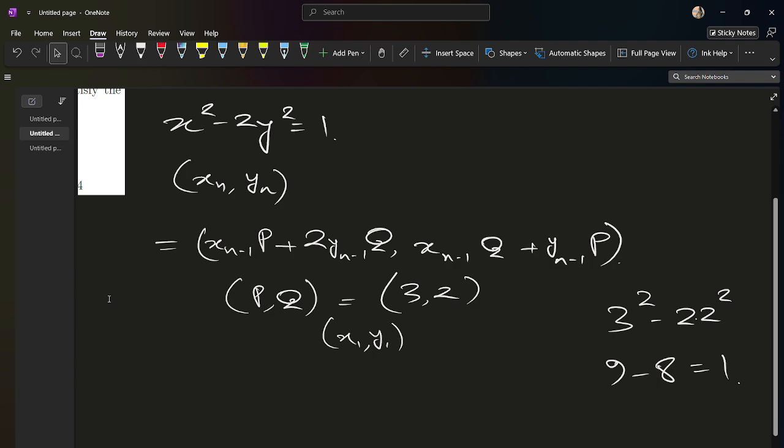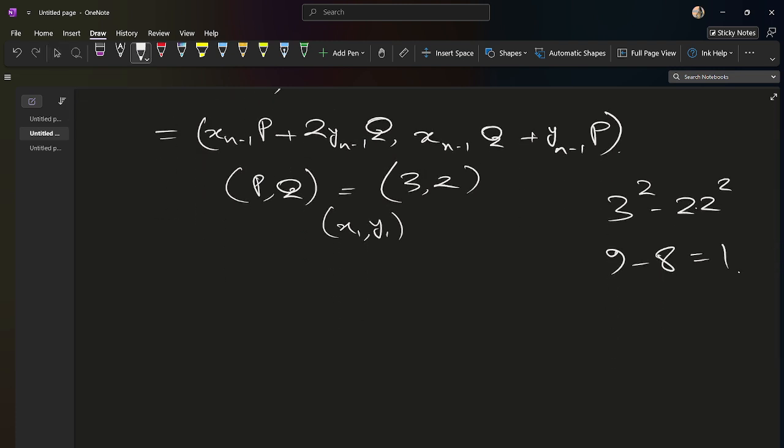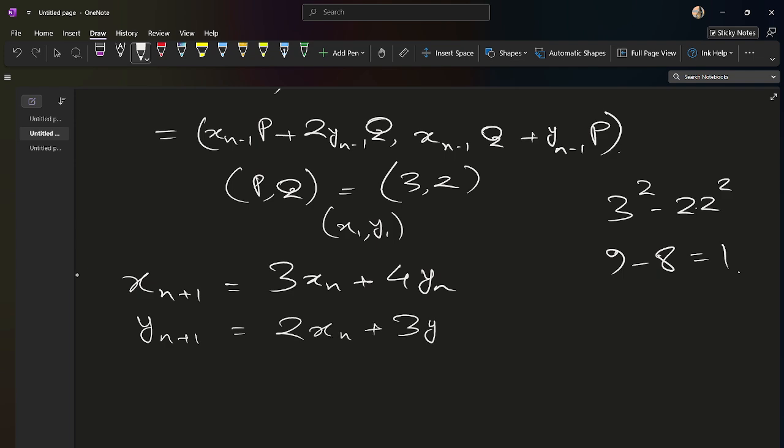Using the recurrence relation, xn plus 1 will be 3xn plus 4yn, and yn plus 1 will be 2xn plus 3yn. Now we generate a few more solutions. The first solution has y equal to 2, which is a prime.